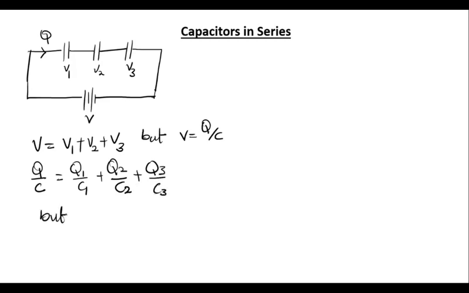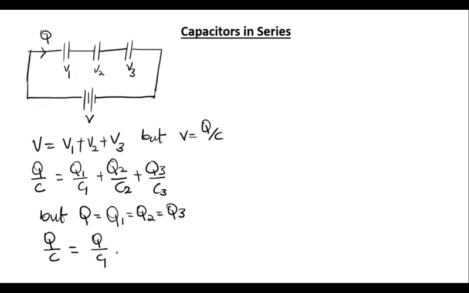But for capacitors in series, the same charge flows through each capacitor, so Q1 is equal to Q2 and is equal to Q3.